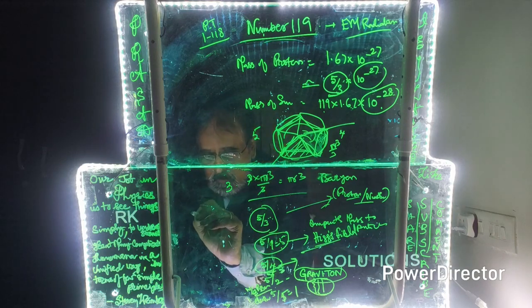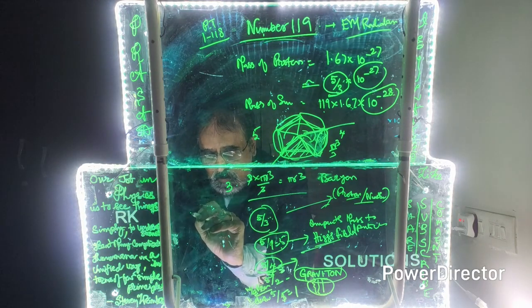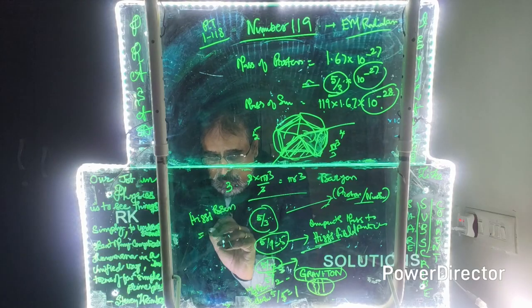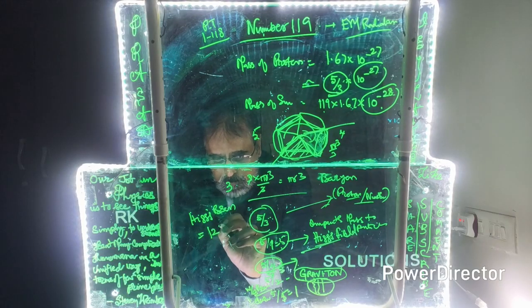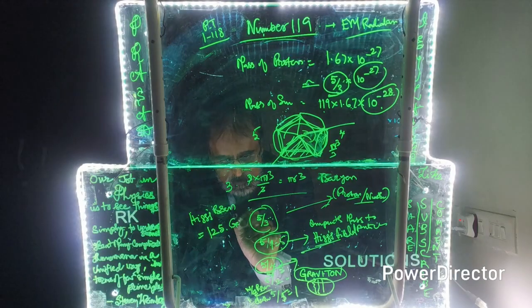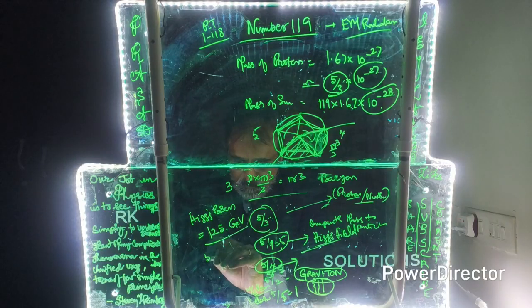So what do you call the Higgs boson? Higgs boson is 125 something GeV, G is energy. So if 5 is equal to 125, let's say, what will 5 by 4 be?